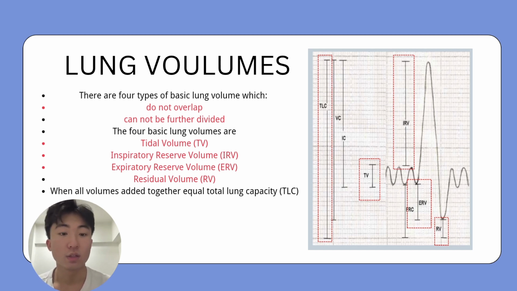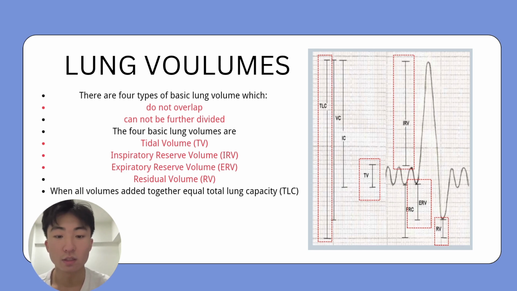And now it's the ERV. ERV refers to the maximum amount of air that can be exhaled after a normal exhalation. Finally, it's RV. RV refers to the air that remains in the lungs after maximum exhalation, which cannot be measured with a spirometer. So this is the table that I want to explain.